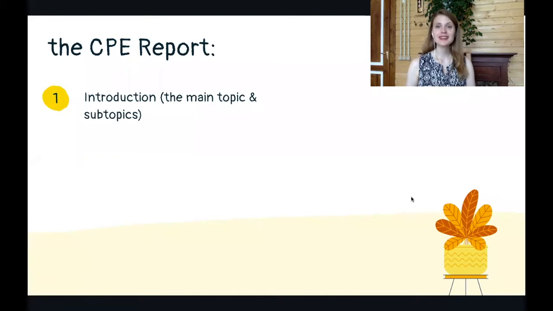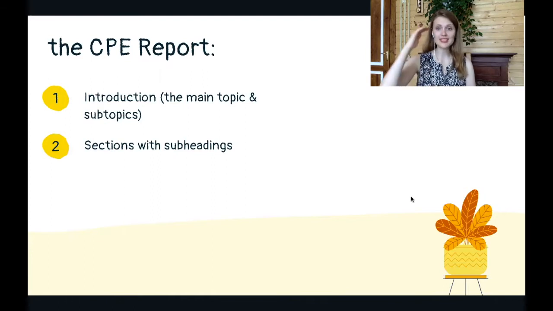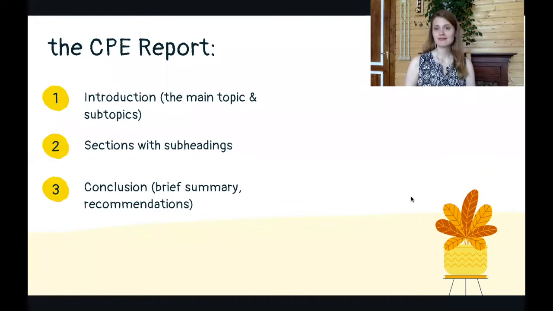The introduction contains the main topic and also outlines the subtopics that you're going to develop in your report. Second are paragraphs where you talk about each particular point, or these are sections, and each section has a subheading. And about subheadings, we'll talk a little later. And finally, conclusion, where you give a brief summary and some other recommendations if you have to.